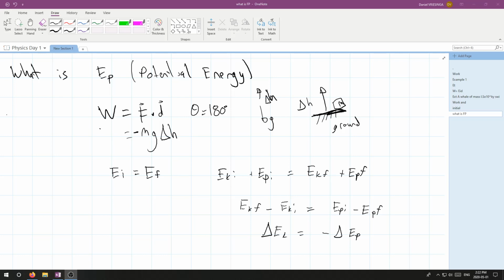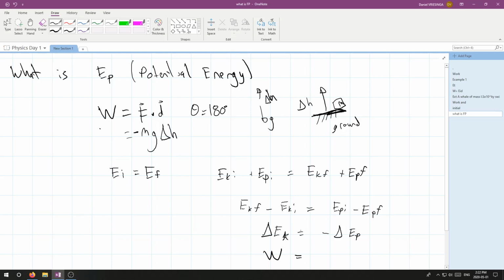All right, so I'm saying that when I have a change in kinetic energy, it affects my potential energy change, but negatively. Does that work out for us? Because I said that this was work, right? So this is work, right? And is our negative potential energy also our work? Yes, our potential energy we're going to say is mg delta h.